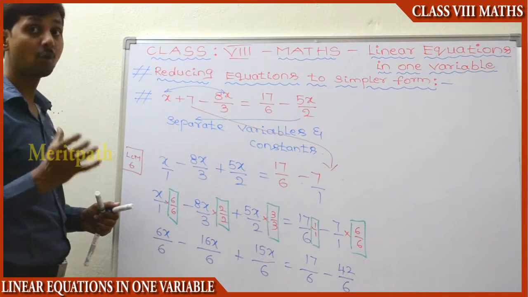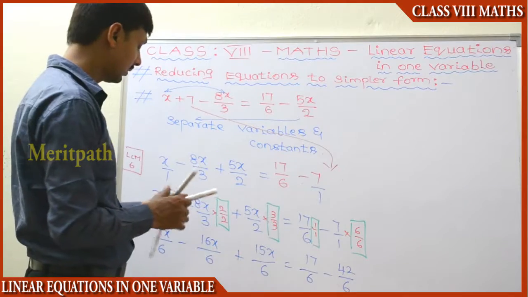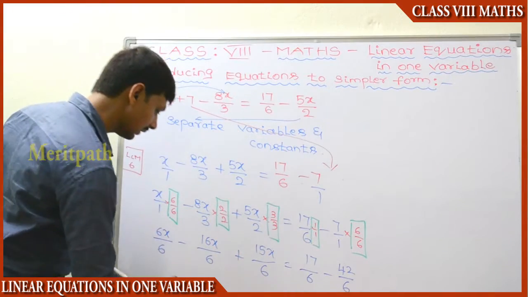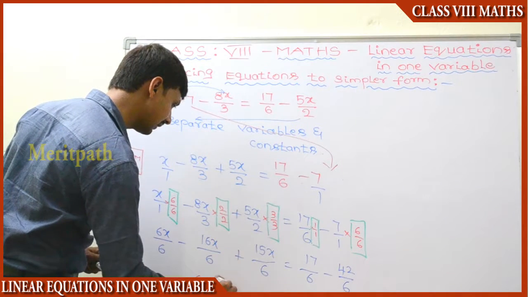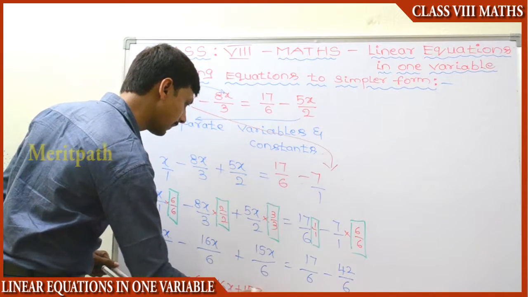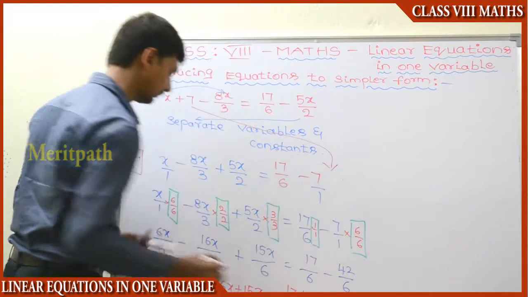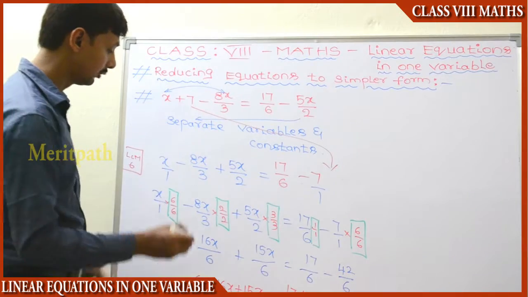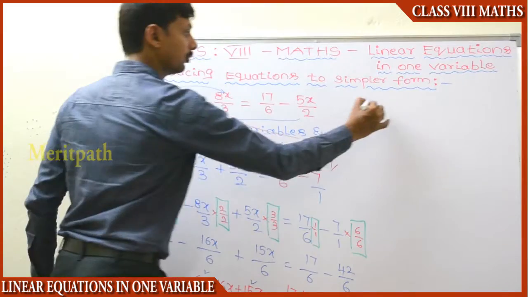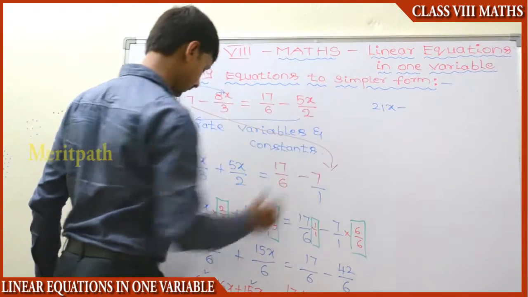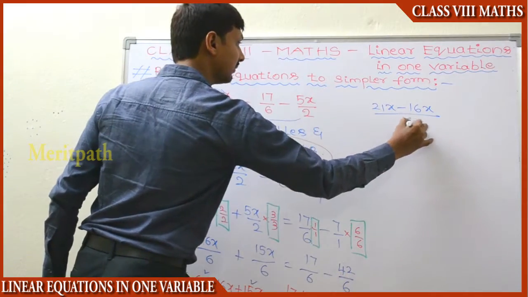So when the denominators are equal, we can add and subtract the numerators. So let's take the denominator as 6. The numerators are 6x minus 16x plus 15x is equals to 6, 17 minus 42. So let's see these values here. 15 plus 6 is 21. So 21x minus 16x divided by 6 we got here.